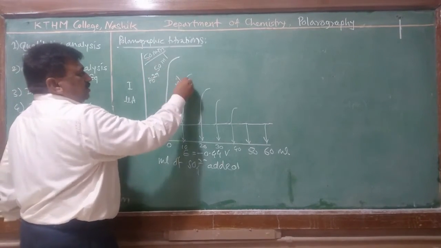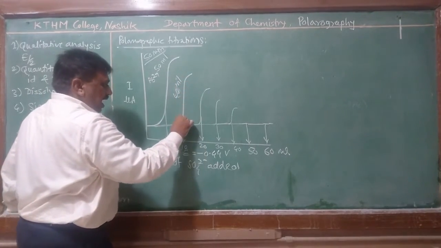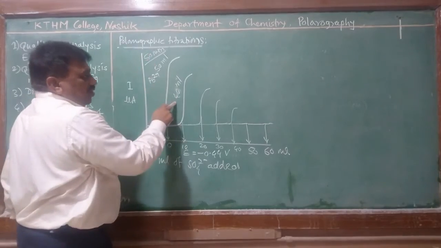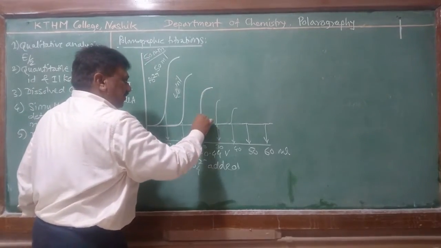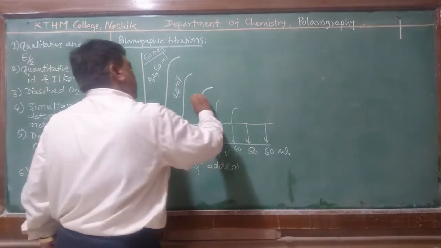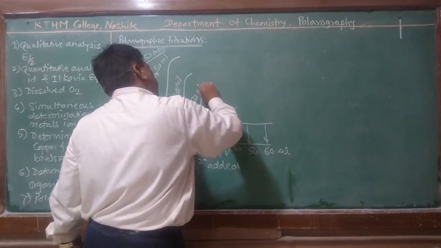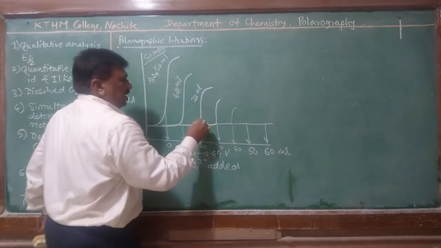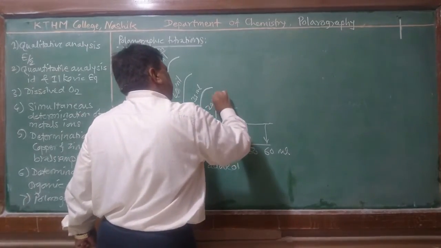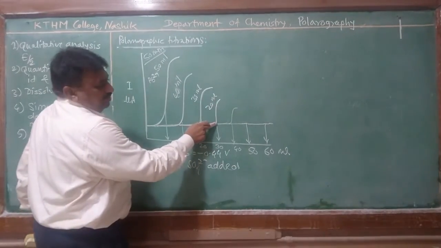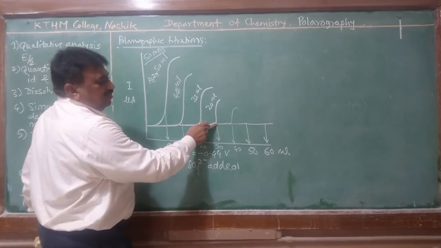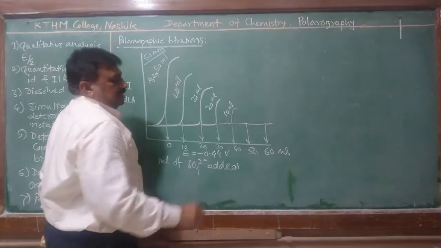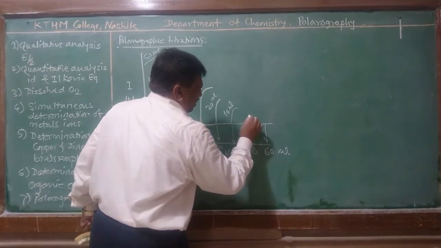Therefore, this is the polarographic wave for the solution consisting of 50 ml, 50 millimole of Pb. This is a polarographic wave having unreacted 40 ml, 50 millimole of lead. This is a wave having 30 ml, this one 20 ml, this is for 10 ml and this is for 0 ml.